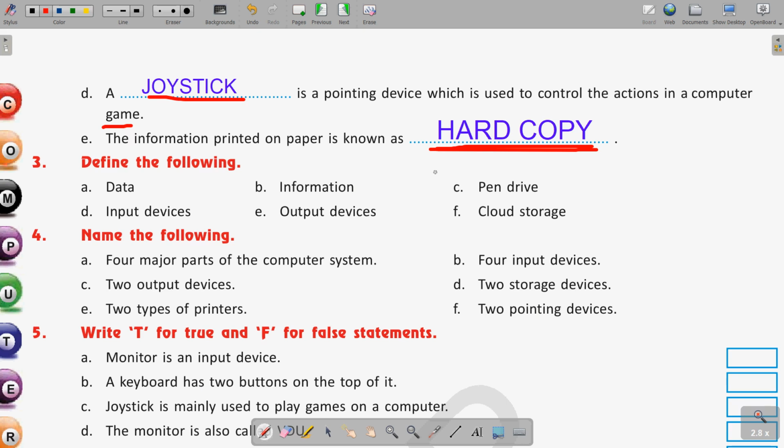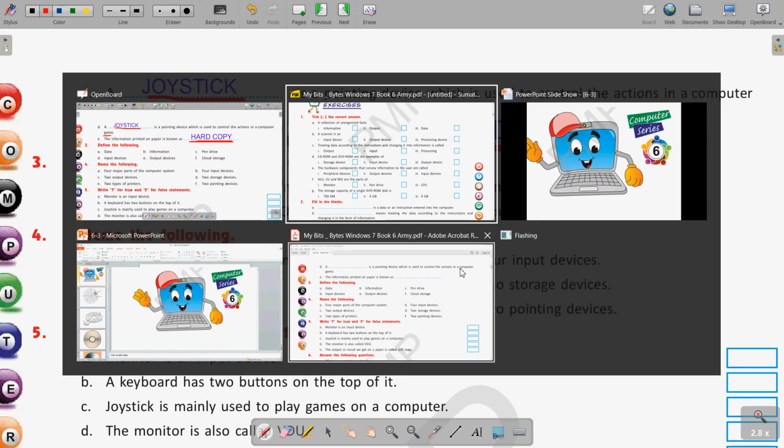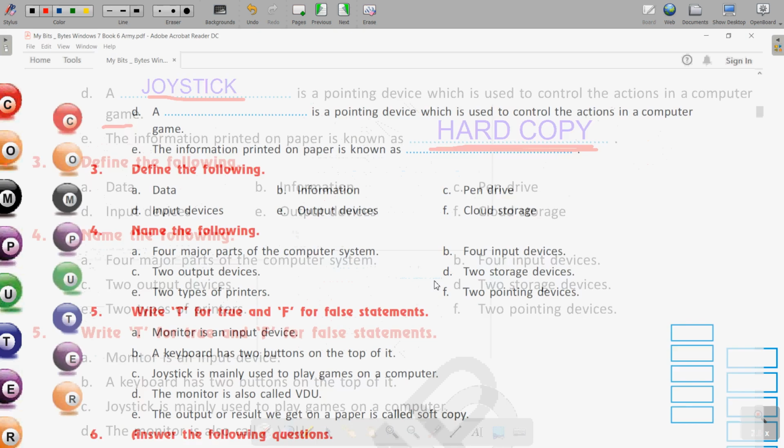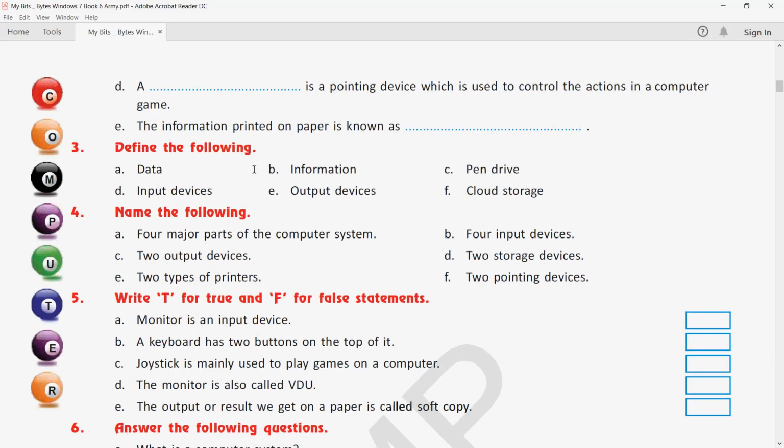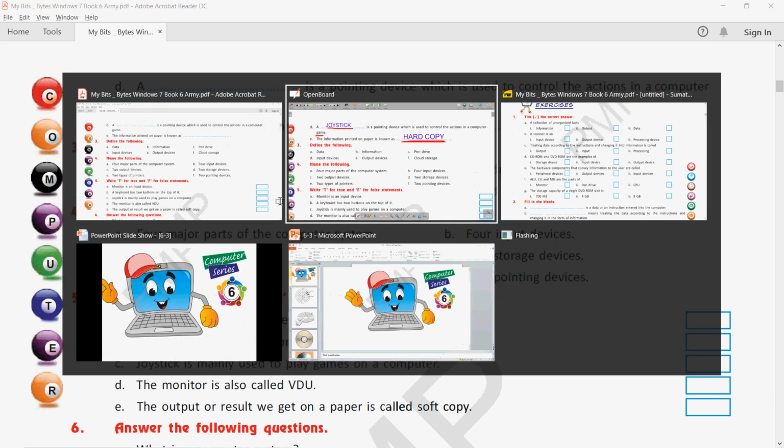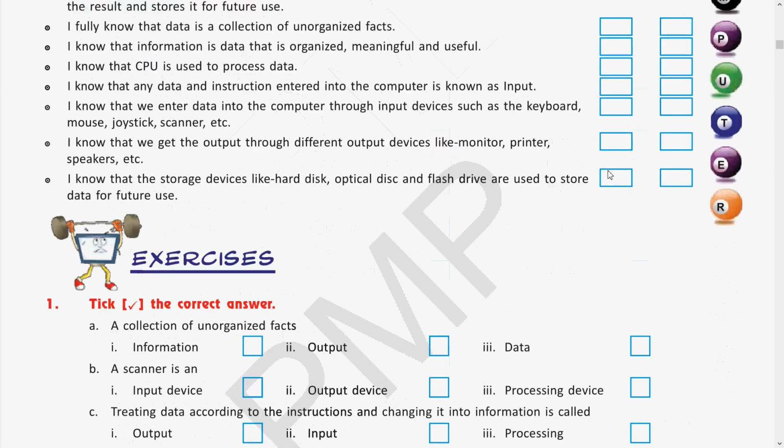Now there is the question of define the following. In the define the following question, these are the different terms to define. The first one is data. I hope you can find it in the book. Let us have a quick revision as well of what data is.